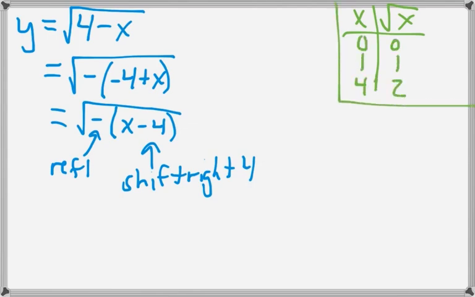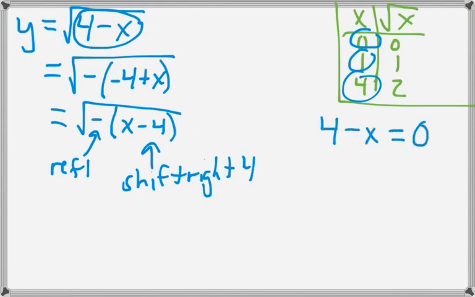So here's our original square root coordinates, and then we can take the stuff under the square root and set it equal to each of the original x values to figure out what the new one should be. So 4 minus x equals 0, 4 minus x equals 1, and 4 minus x equals 4.